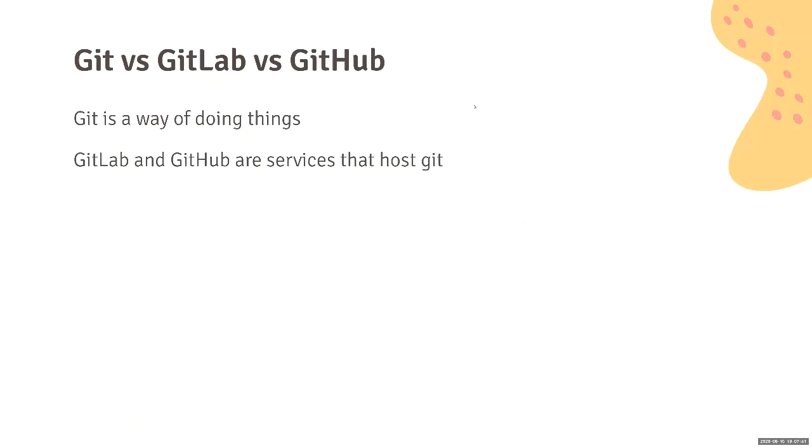So Git is a service. It's like a way of storing files, whereas GitLab is the thing that we store the files on. GitLab is what we use in SSS to store our files.